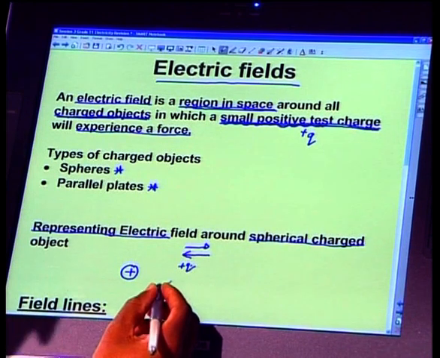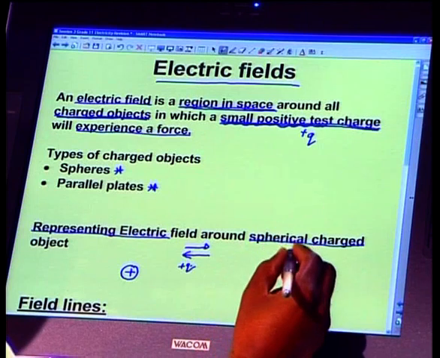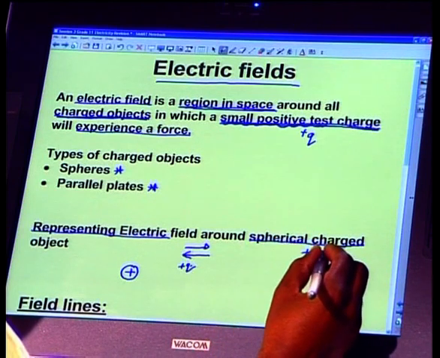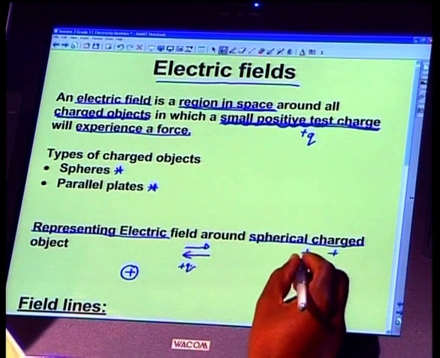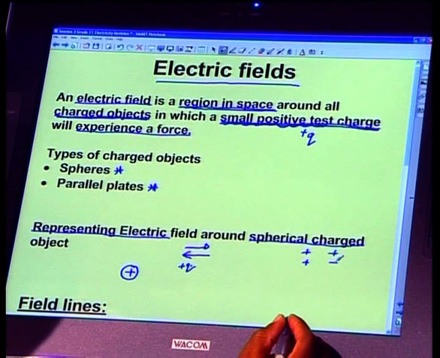Now, for us to answer that question, we need to go back to what we said earlier on, the repulsion between like charges and the attraction between unlike charges.